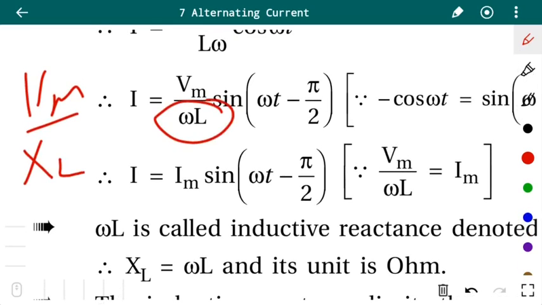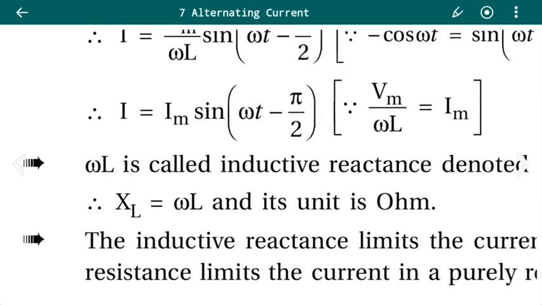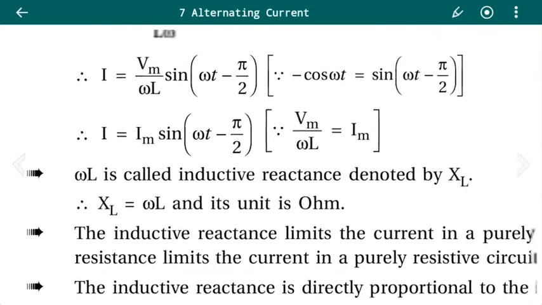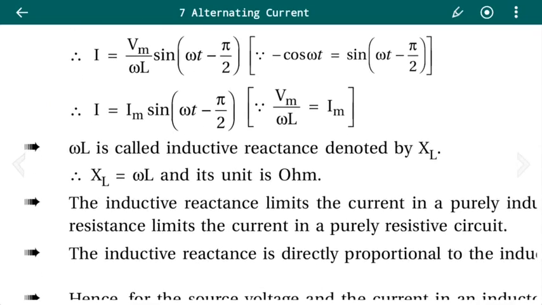Here omega L is taken as XL, that is inductive reactance. That is also nothing but the resistance offered by the inductor. So we can replace it by XL, and Vm upon XL can be written as Im. So now the equation becomes I equals Im sine omega t minus pi by 2.